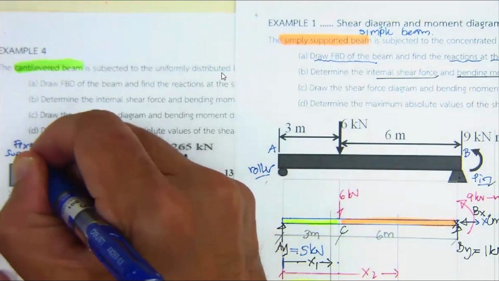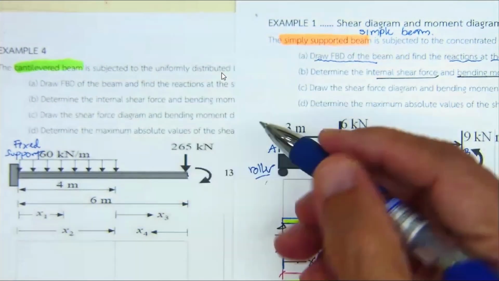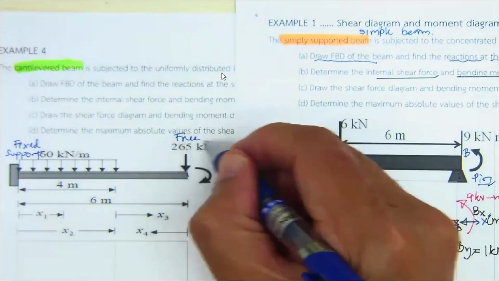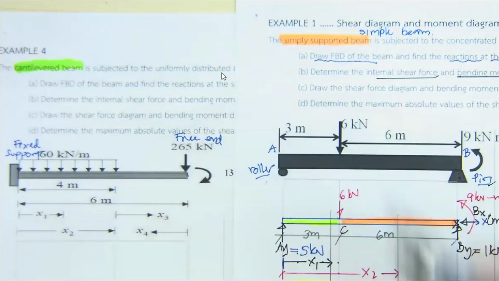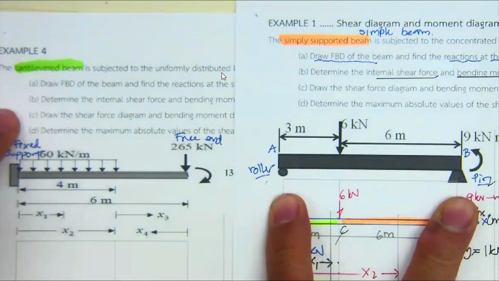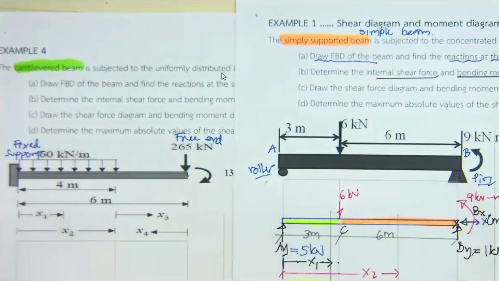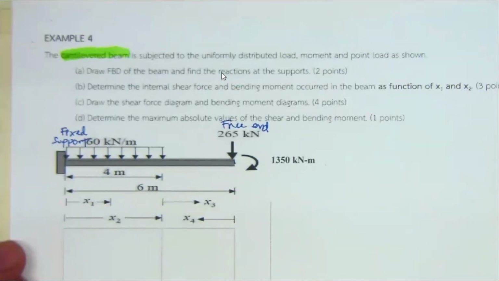Okay, over here it's gonna be fixed support, and over here this one gonna be free end. Okay, different from this one, roller and pin. This one gonna be fixed and free. Let me move you to the next problem.